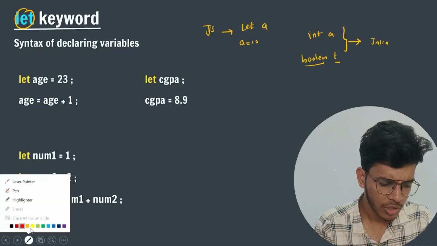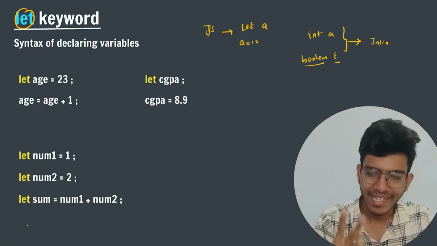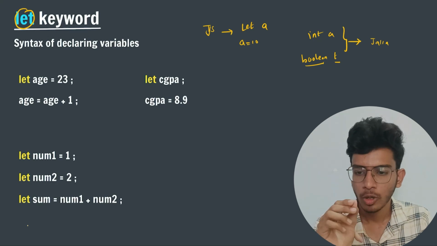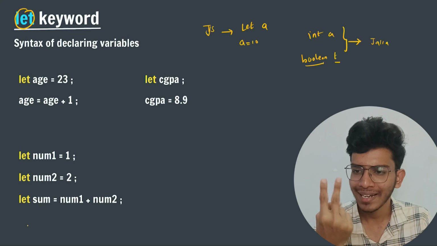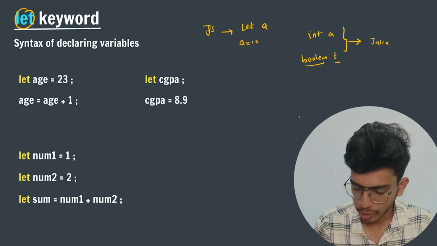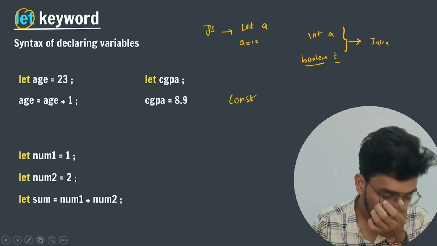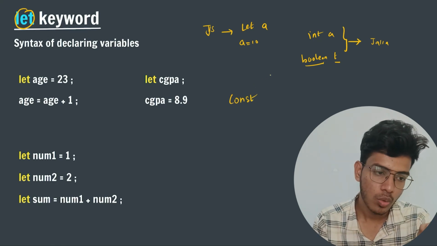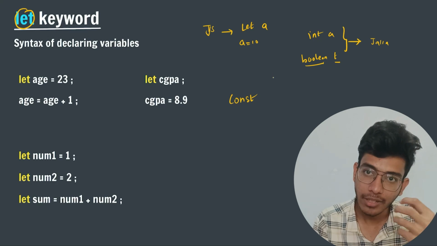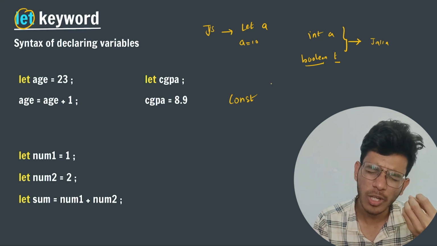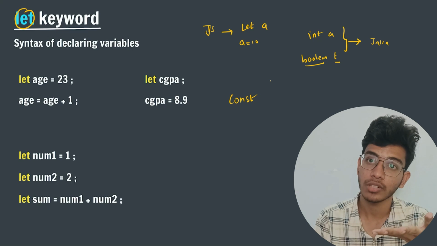One thing I want to mention here is, there are two ways to declare variables. We use the let keyword to declare a variable, and another method is const. The constant keyword is used to declare something constant, and if you write a constant variable, you cannot change the value of that variable.